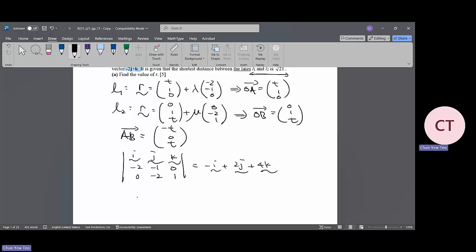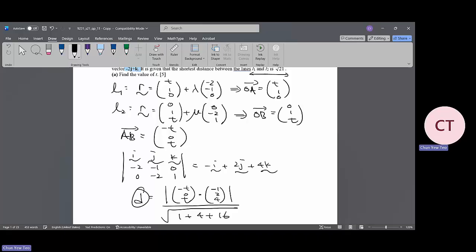Okay, so now the formula for D is actually given as the modulus of AB dotted with the normal vector, divided by the magnitude of the normal vector.